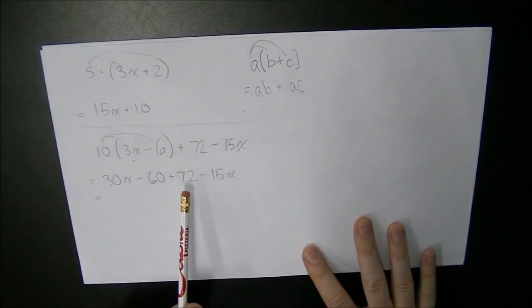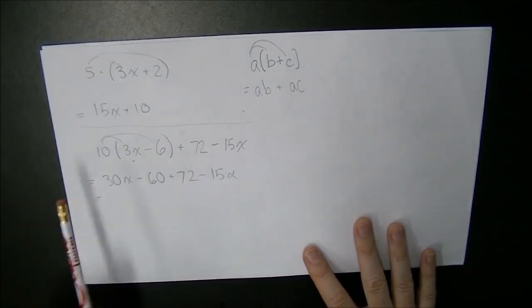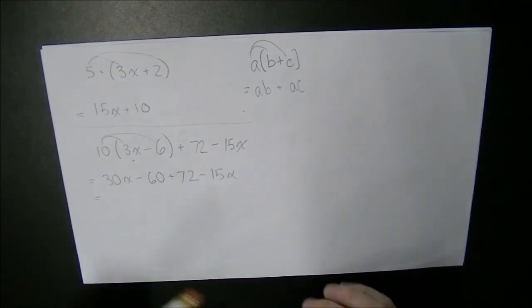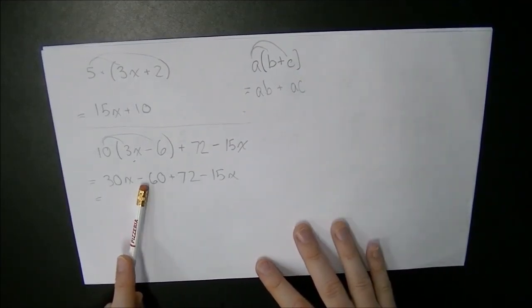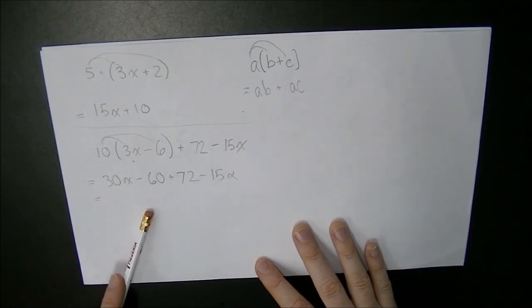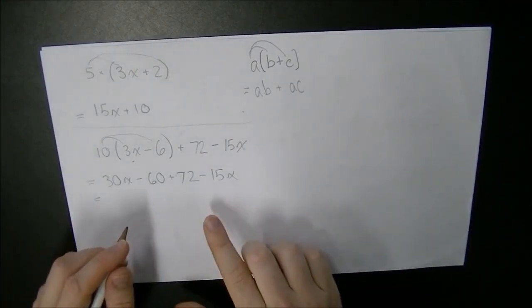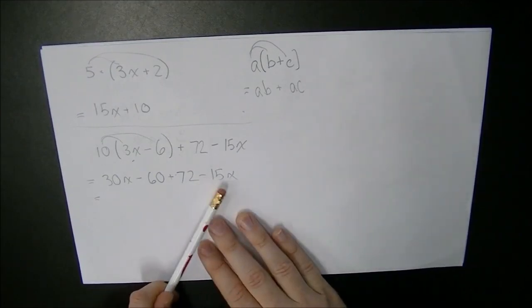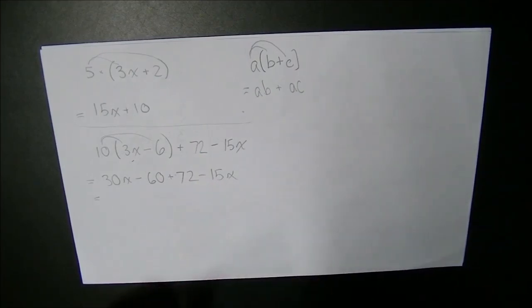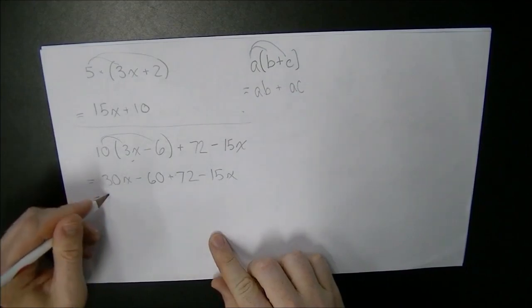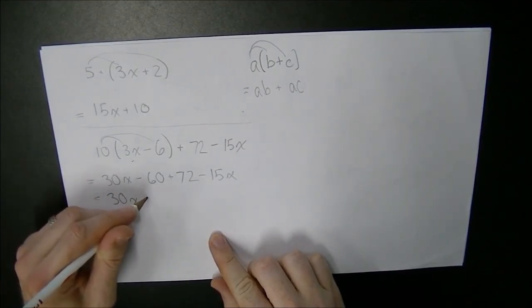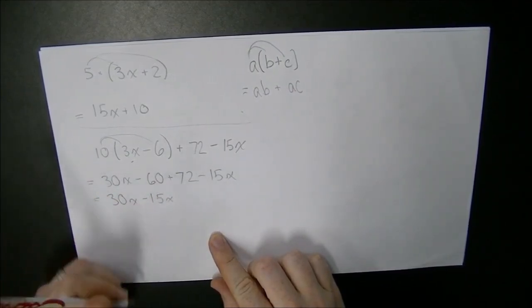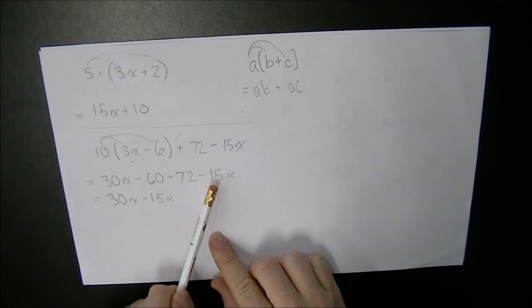So from here, we can now rearrange, and this is why I like to think of subtraction as adding with a negative, because I can rearrange this so long as I keep the negatives stuck with the terms that they're with. So I could rearrange this to be 30x minus 15x, because this is just plus negative 15x.